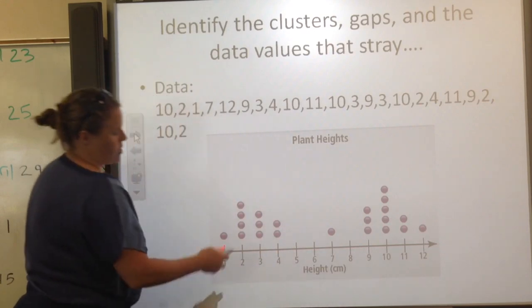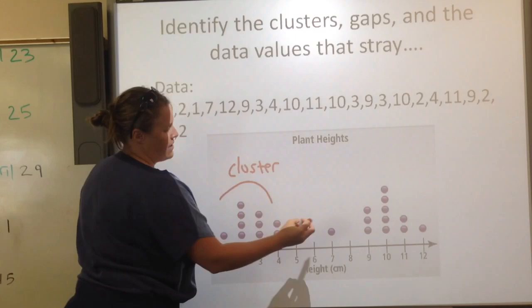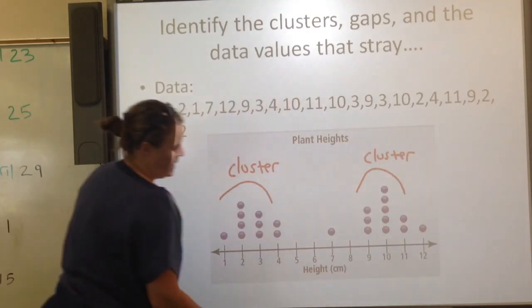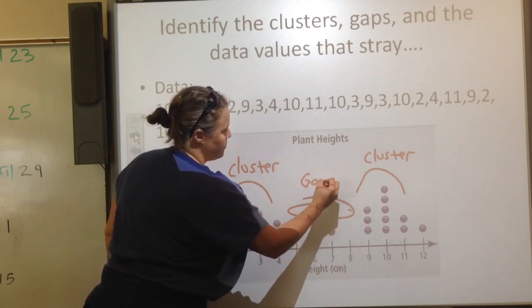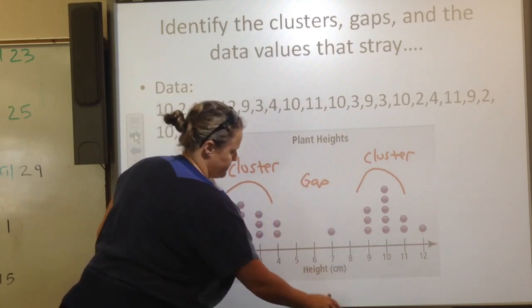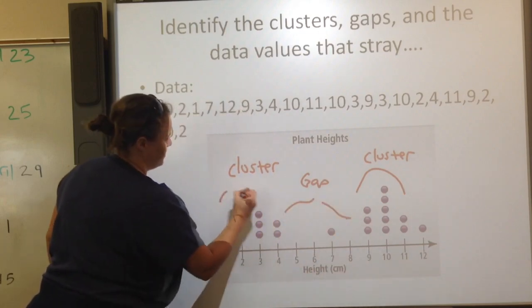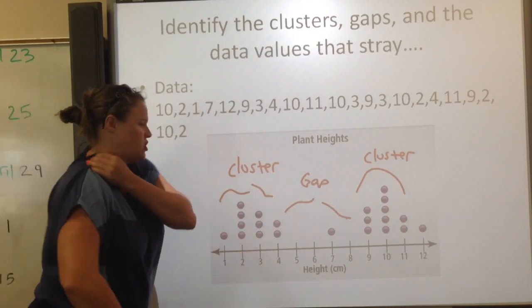So we've got our cluster here, and we have a cluster here. And then in the middle, this area is a gap. Let me make that a little bit differently. I like that better. And then we don't really have any data that strays.